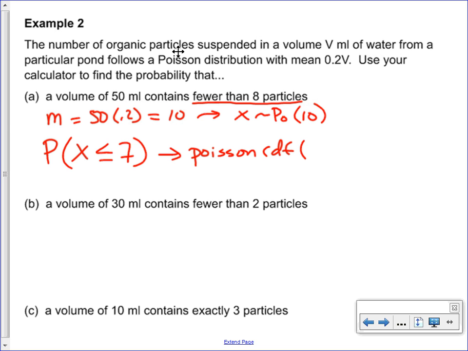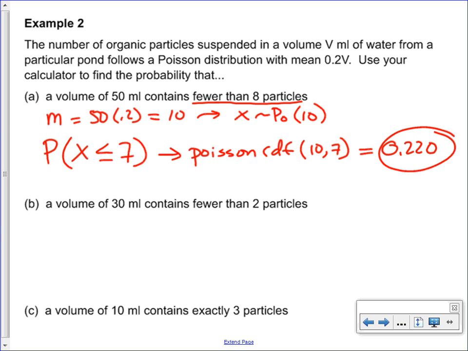Where does it go, mean and then the number, right? So you're going to go 10, comma 7. That's it. Yes, 0.220. Done.